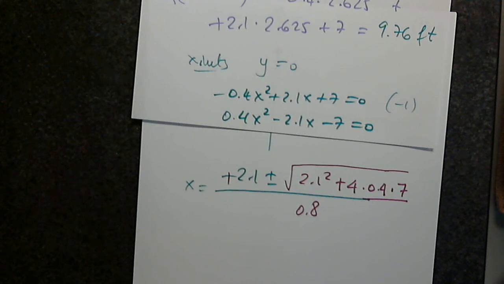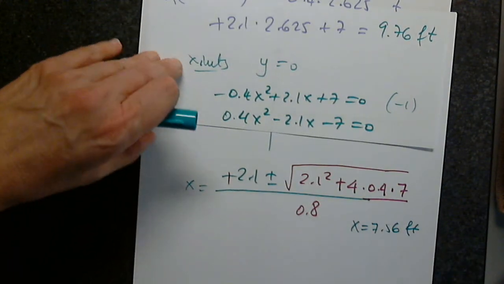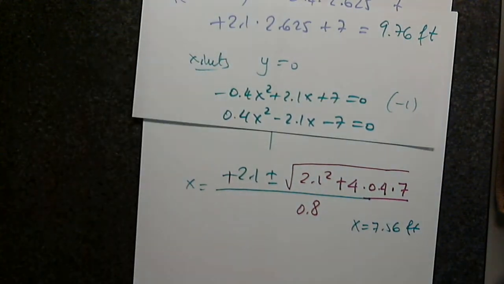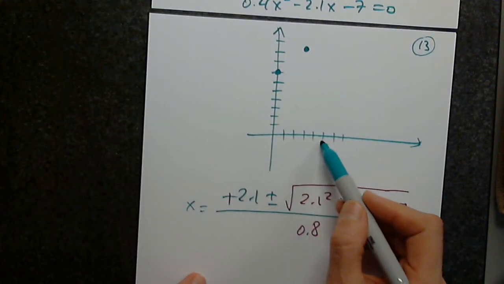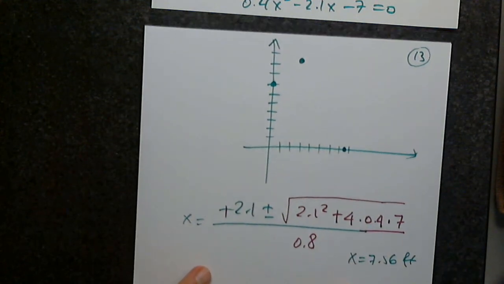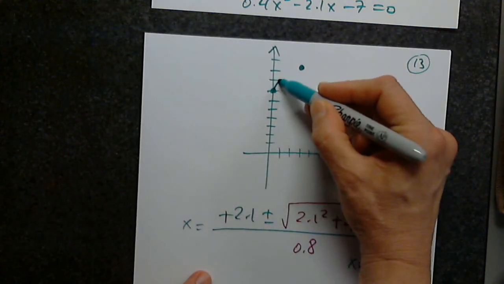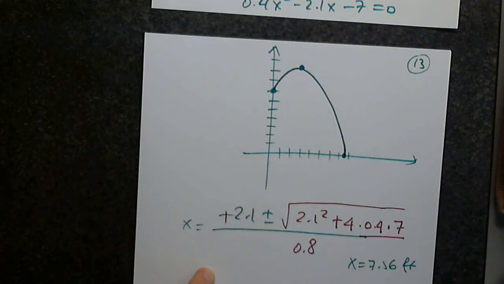So x equals 7.56 feet. The other one will be negative. So here's the trajectory of the ball. And that was part C, in which we were asked to graph.